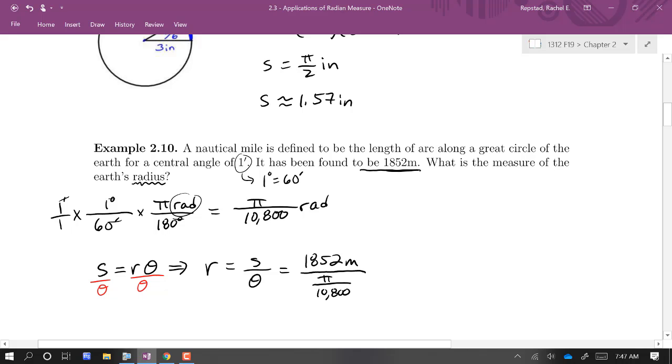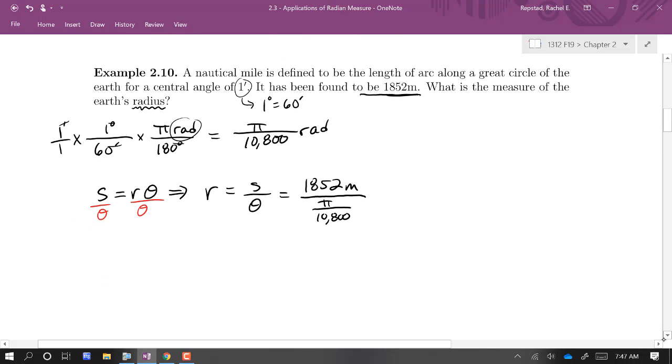We're dividing by this fraction, and so that means we're going to just multiply by the reciprocal.